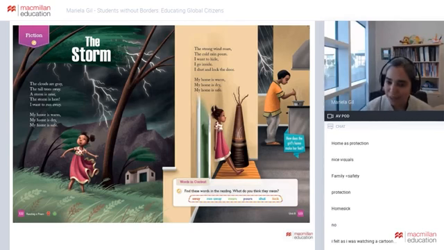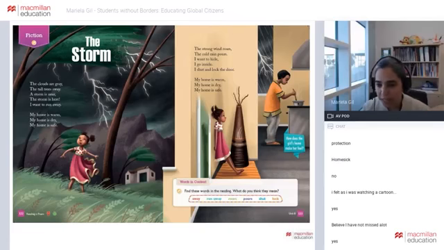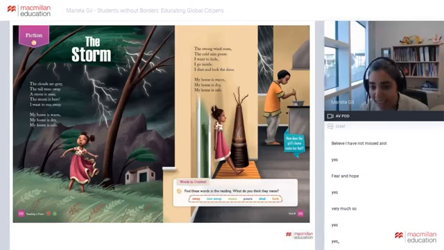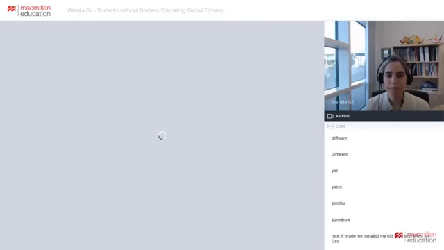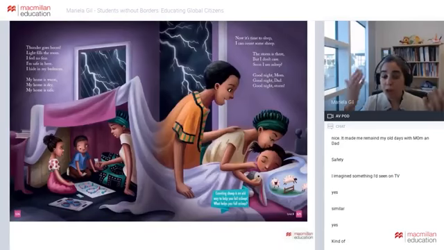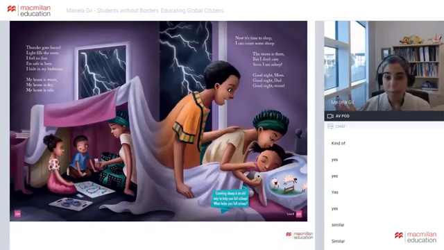Or are they different from what you had imagined? So people are saying nice visuals. Yes, very much. Yes, it's the same, similar, different, kind of. Okay, so everybody has a different experience of this. I'll show you the next page. You all had images, but they may not be the same images that are here.